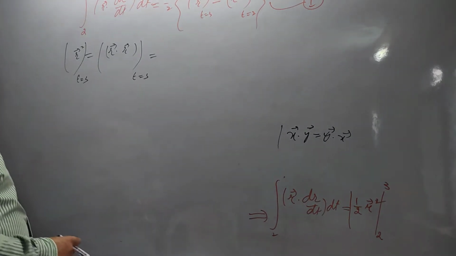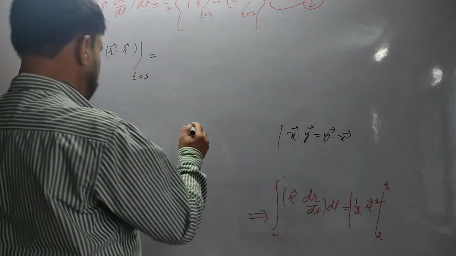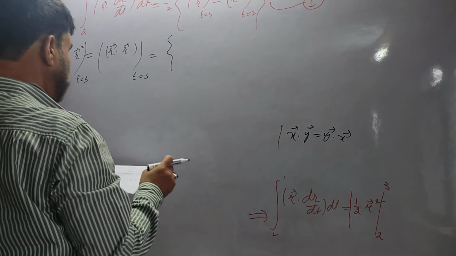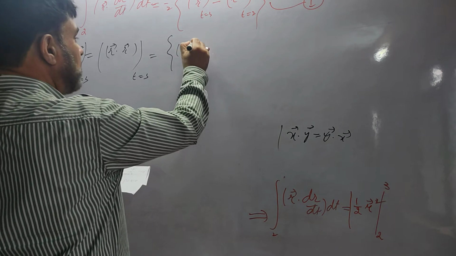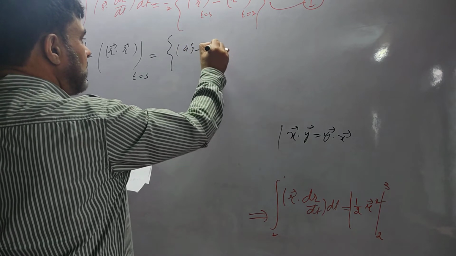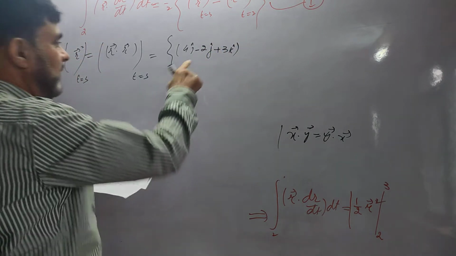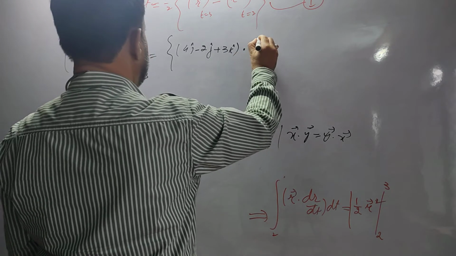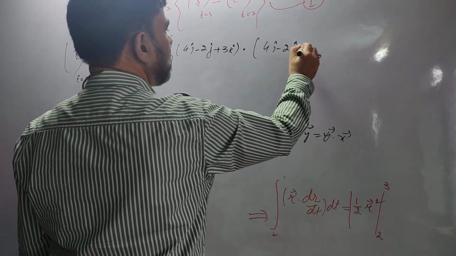Look at the problem that we have discussed. At t equal to 3, r takes this value: 4i minus 2j plus 3k, dotted with the same 4i minus 2j plus 3k.